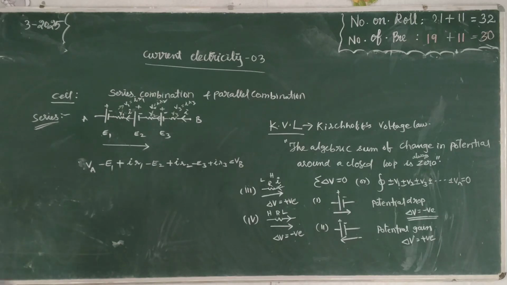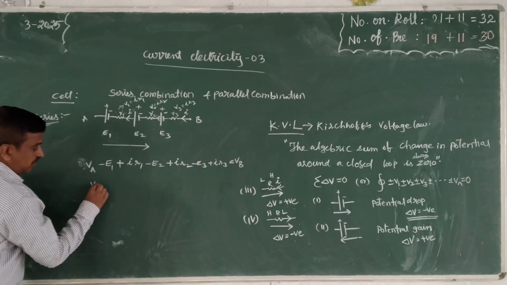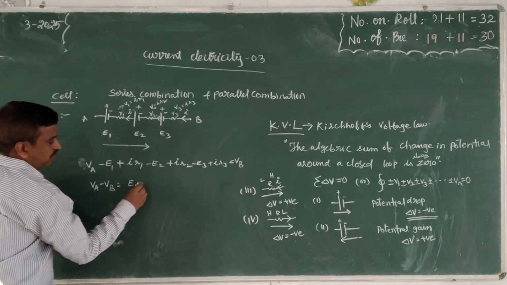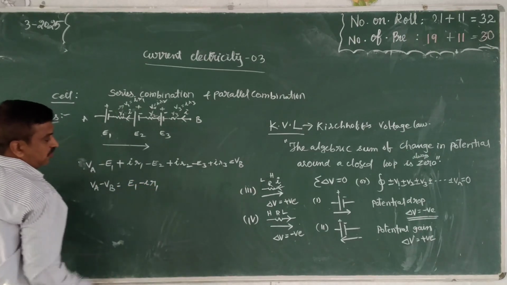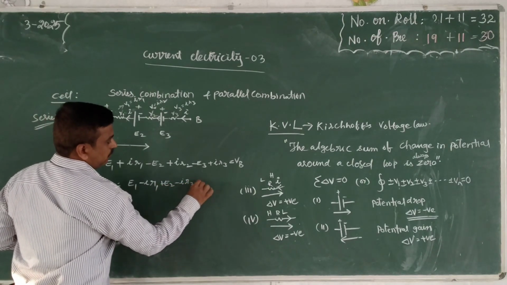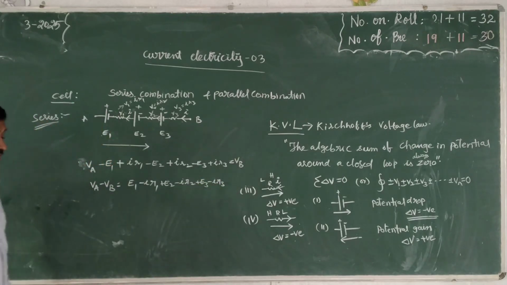So we get I R3 equal to VB. VB changes to this side, and the remaining terms change to that side, meaning VA minus VB equals plus E1 minus I R1 plus E2 minus I R2 plus E3 minus I R3. This is the potential.